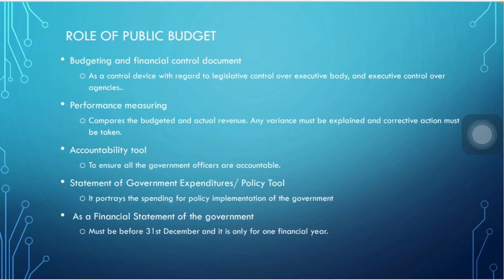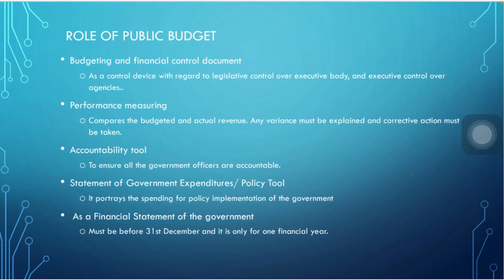So, bila kita ada public budget, ini adalah membantu untuk memastikan all the government officers, penjawat awam yang kerja dekat jabatan accountant, jabatan audit, termasuklah you punya ahli parlimen, termasuklah you punya menteri-menteri accountable. Kita nak tengoklah sama ada mereka ni bertanggungjawab ataupun tidak.